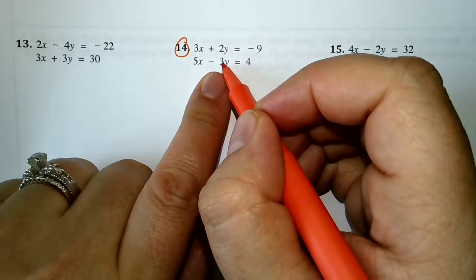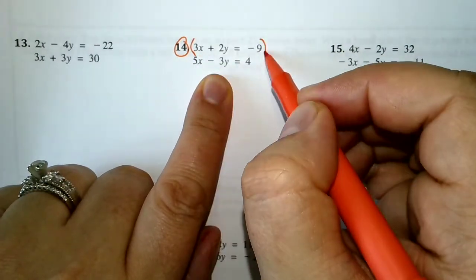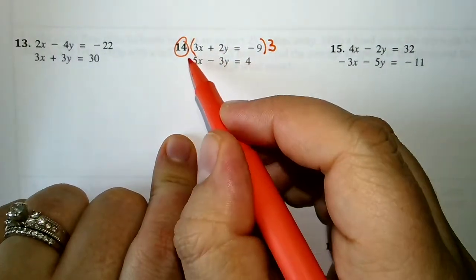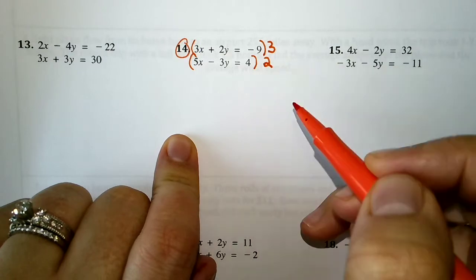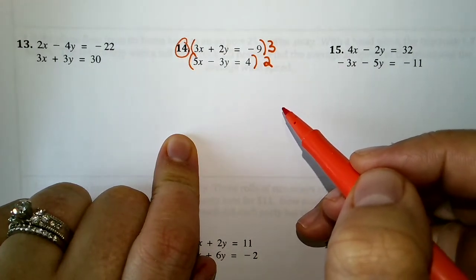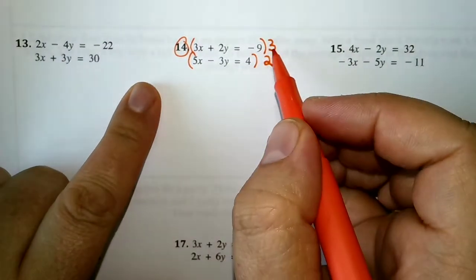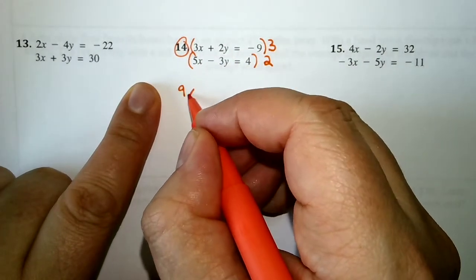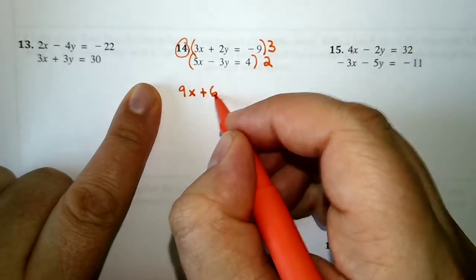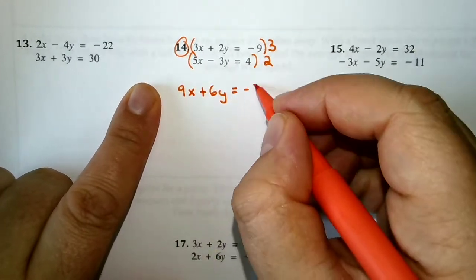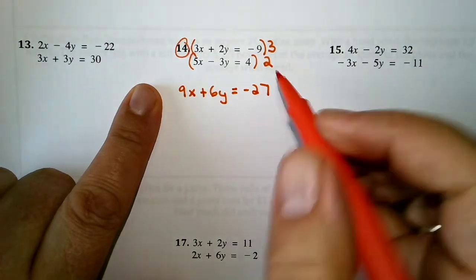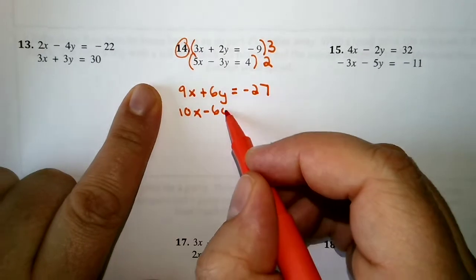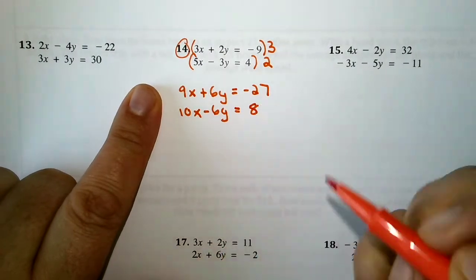So what I'm going to do is take this 3, multiply that top equation by 3, and then take this 2, multiply the bottom equation by 2, and let's do it and we'll see what happens. So multiply everything by 3, so that becomes 9x plus 6y equals -27. And then with 2, I've got 10x minus 6y equals 8.